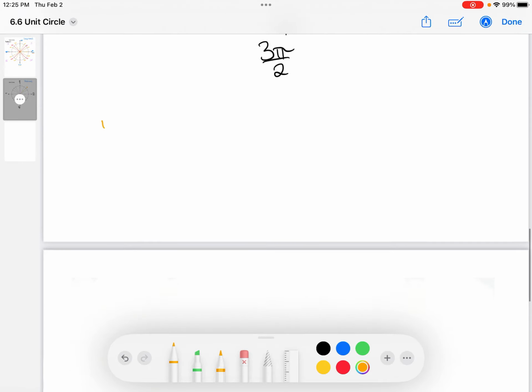Okay, we start with pi over 4. The next one would be 2 pi over 4. Then 3 pi over 4, 4 pi over 4, 5 pi over 4, 6 pi over 4, 7 pi over 4, and 8 pi over 4. We're counting around by pi over 4. Now, a couple of these will reduce.